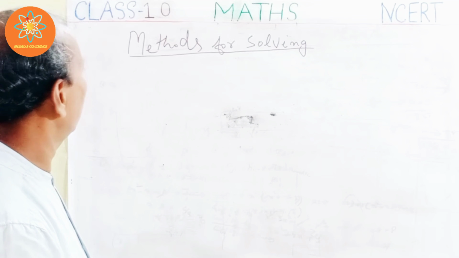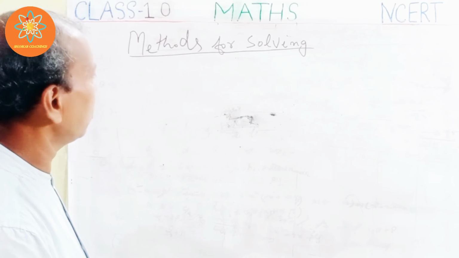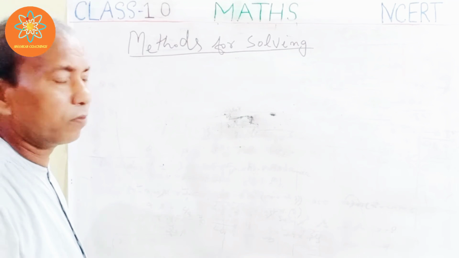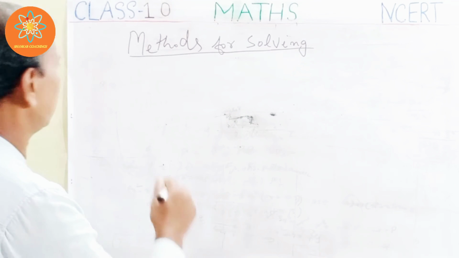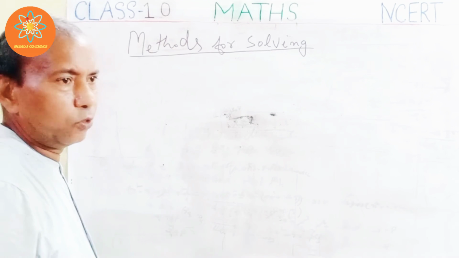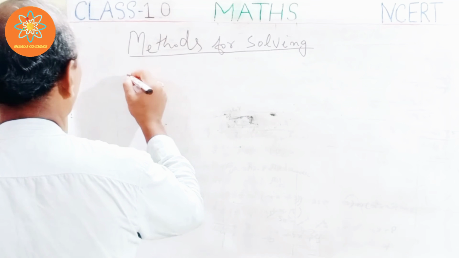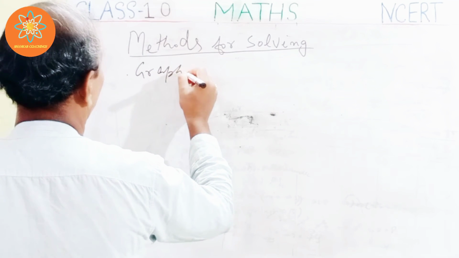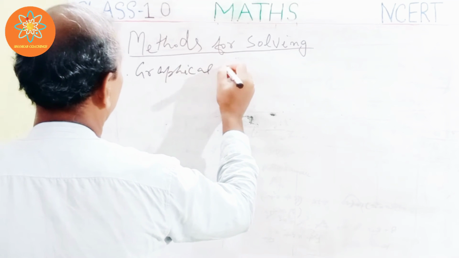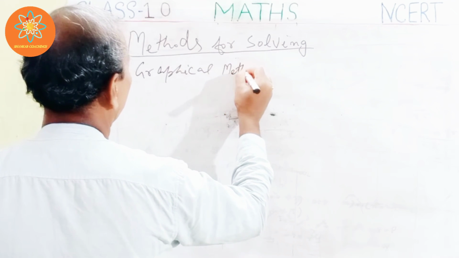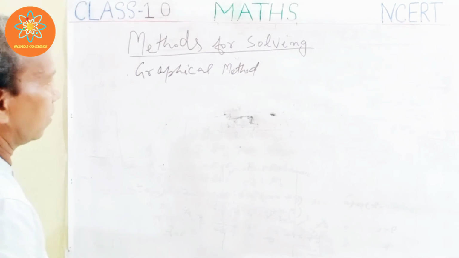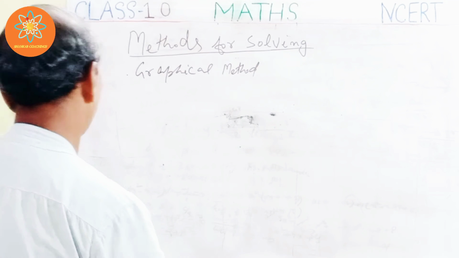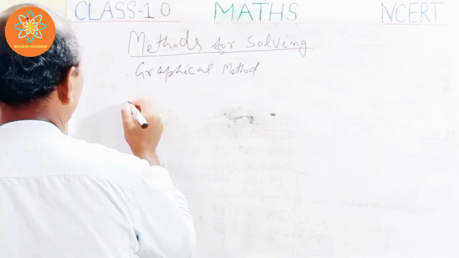For the methods of solving the linear pair of equations, there are basically two methods. The first one is the graphical method, and the second is the algebraic method.